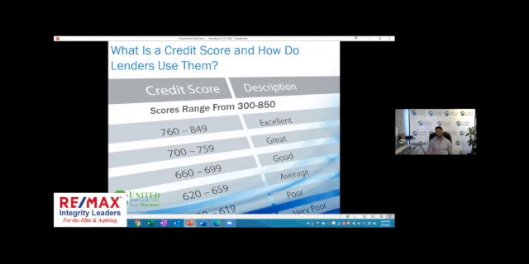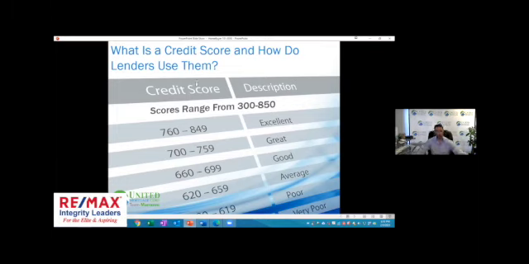So if they say they have an 800, it might actually be as low as the low 700s, okay? So it's super important to understand that they have to come to us. They have to come to the lending institution, right? They have to make sure that we are on the same page and we have that credit score pulled, all right?